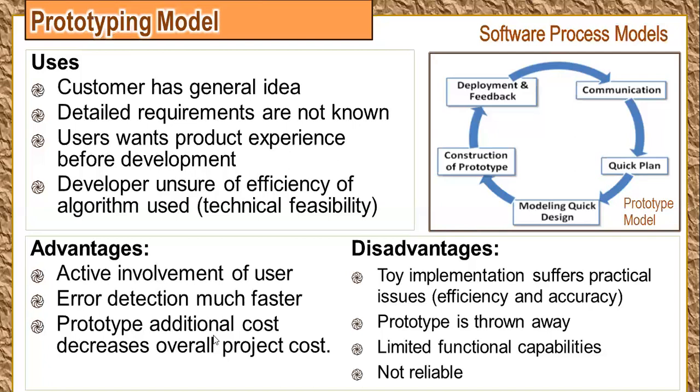Prototype has an additional cost. No problem, even if it has an additional cost, because paying that much is better than paying more for the project. So if you are paying an additional cost for the prototype, you are decreasing the overall cost of your project. Okay. Now, what are the disadvantages of the prototype model?